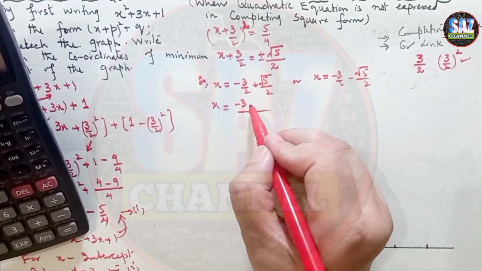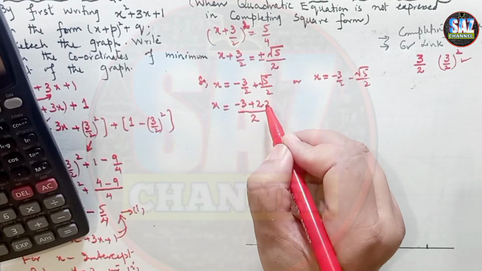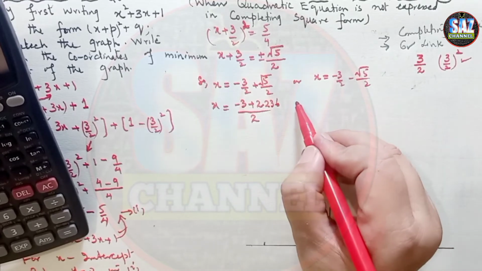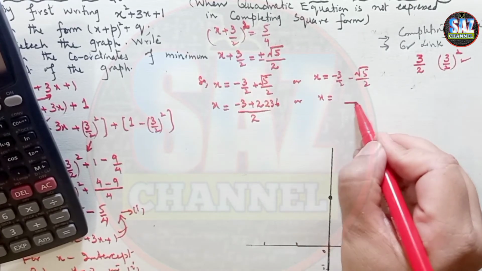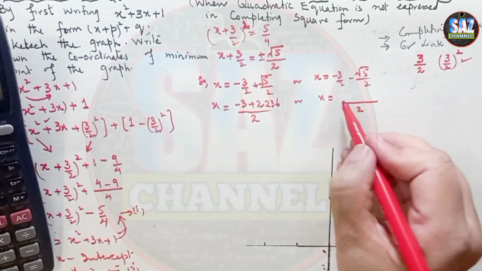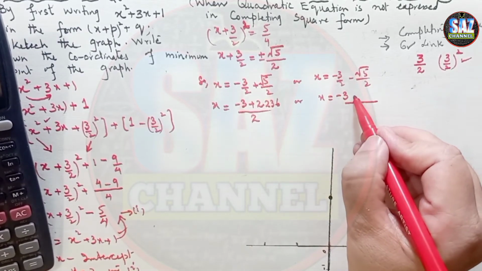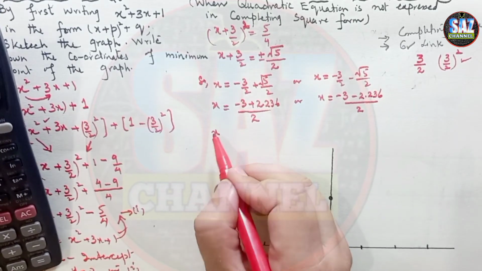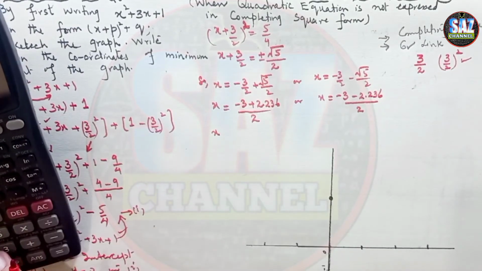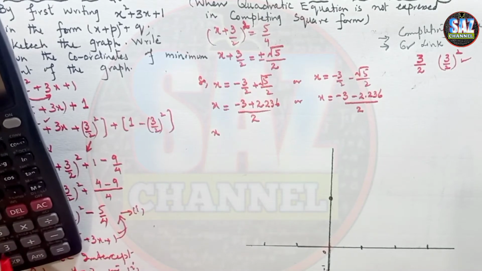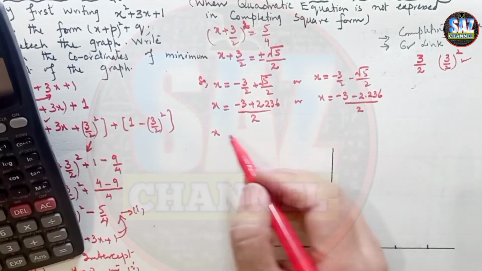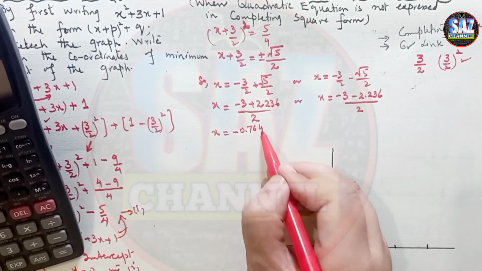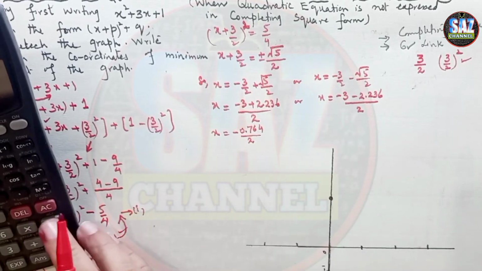So 2 is the LCM, and this will be minus 3 plus 2.236, which gives me minus 0.764, divided by 2, making it half.